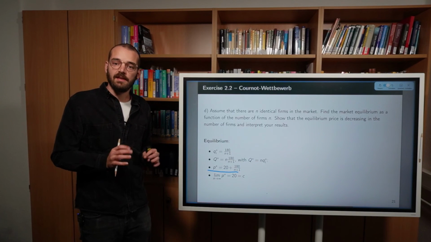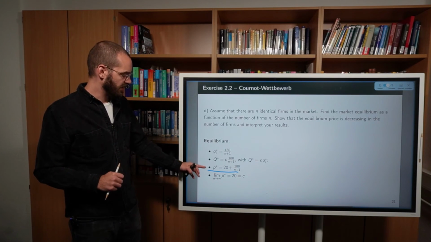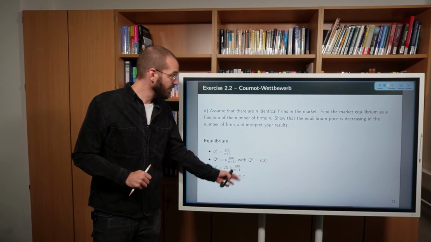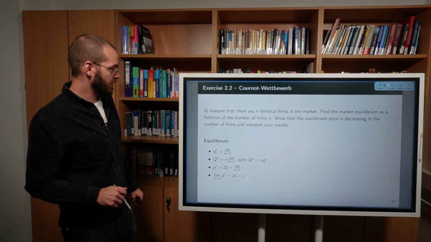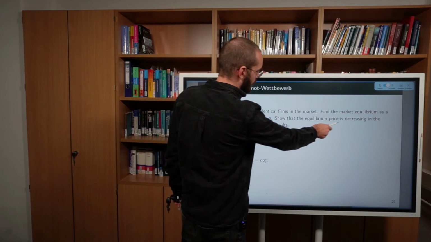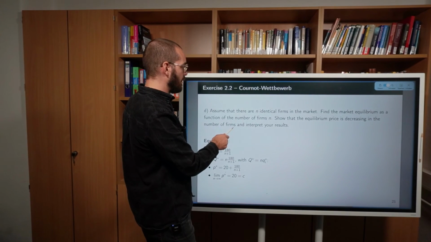But there is a good reason why we are presenting the equilibrium price in this way. And this good reason is the final part of this question. We are asked to show that the equilibrium price is decreasing in the number of firms.